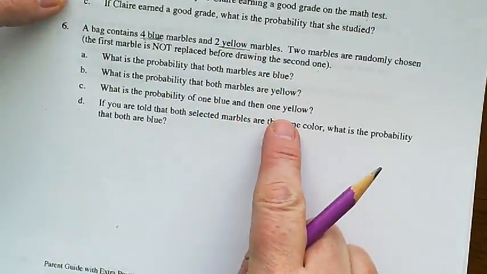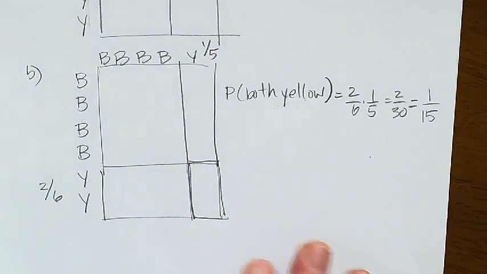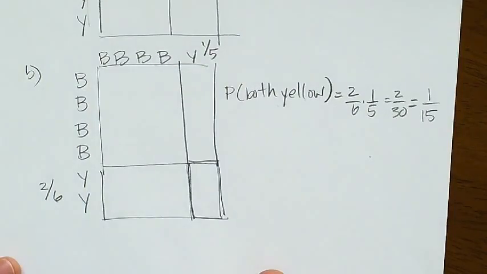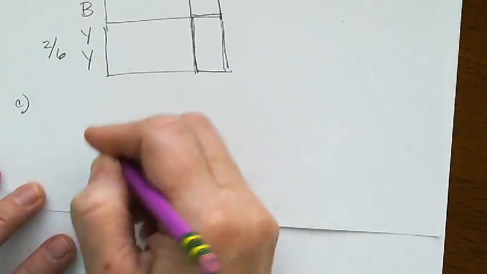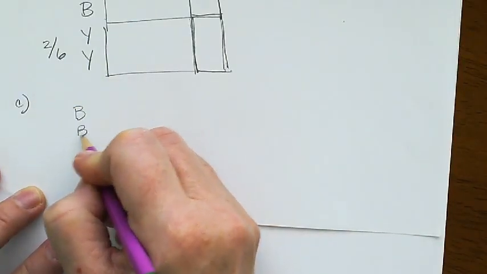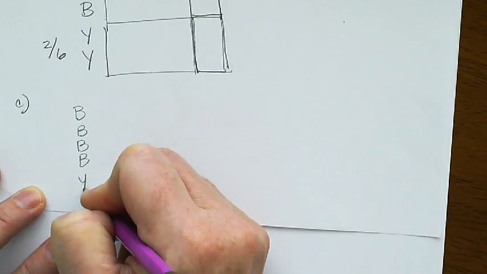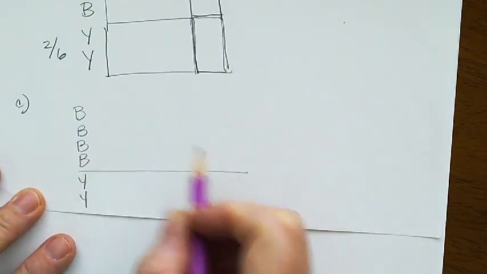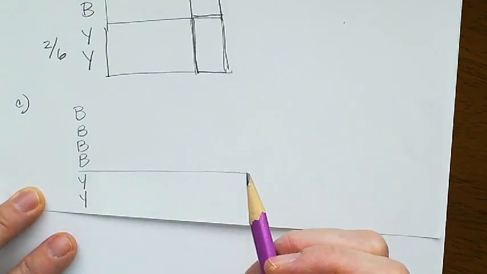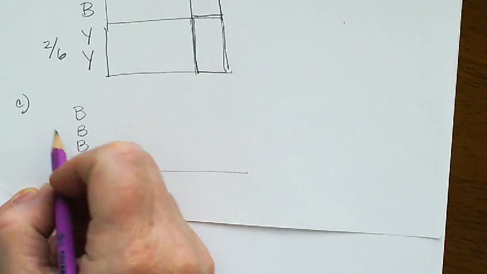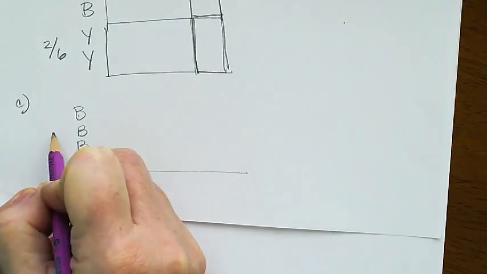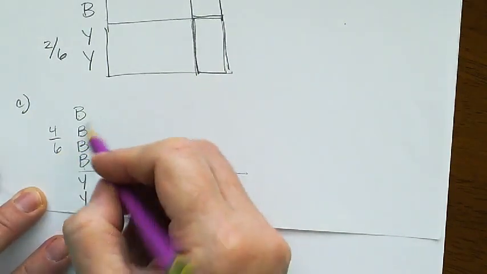Okay, what is the probability of 1 blue and 1 yellow? Well, you can kind of see the pattern here. I'll draw it out if that's helpful. So the probability of choosing 1 blue, well, the probability of choosing one of these as blue would be 4 out of 6.